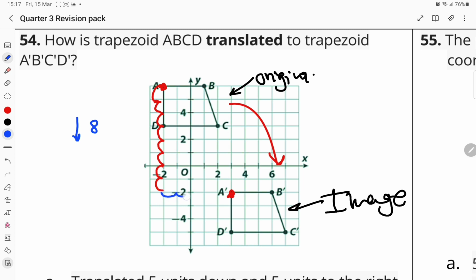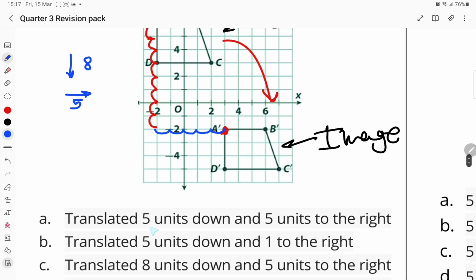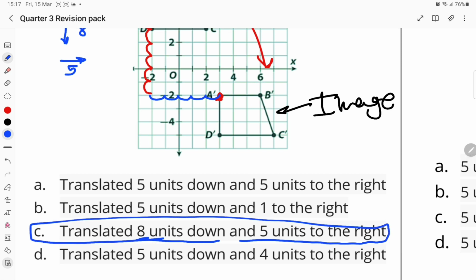Count. 1, 2, 3, 4, 5. I want to reach the A prime. So I went to the right 5 steps. Very good. So we went 8 units down and 5 units to the right. Here it is, my answer.